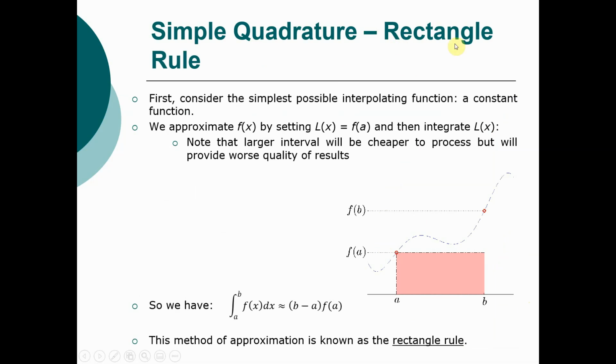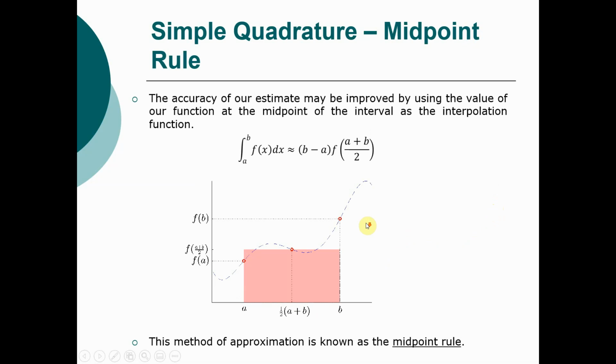So this is called the rectangle rule, right? In the rectangle rule, we're just approximating the function that we're going to integrate with a constant. That constant can be either f of a, can be f of b, or the more commonly used approximation would be finding the value of the function at the midpoint.